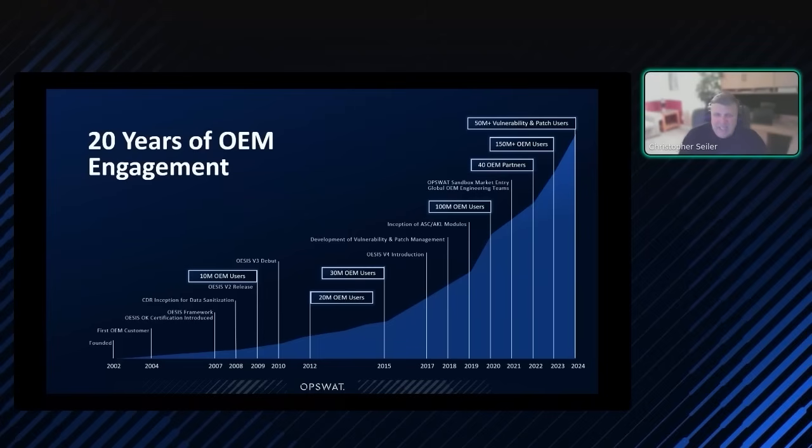Around 2018, we extended our SDK to include vulnerability and patch management. Since then, we also acquired a sandbox product in 2021. In general, we believe we have around 200 million endpoints using our Endpoint SDK to make their products better.